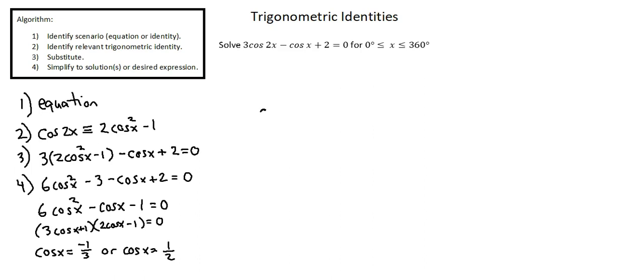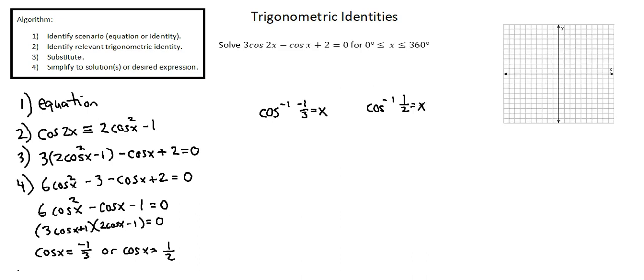Continuing our algebra, we want to solve for the inverse cosine of negative 1/3, as well as for the inverse cosine of 1/2. Now let's add in a coordinate plane so we can visualize where our solutions lie. Starting with the first equation, inverse cosine negative 1/3 is x.